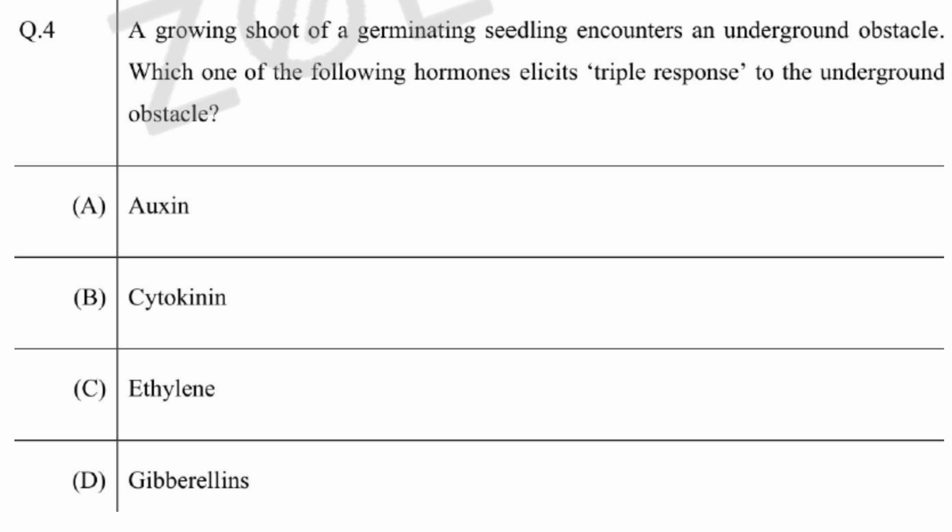And the characteristic of triple response is inhibited stem elongation, thickened stem diameter and bending of the stem. So the hormone that is involved in triple response is C, that is ethylene. Auxin promotes cell elongation, cytokinin regulates cell division and differentiation, and gibberellin promotes stem elongation and seed germination. So here it is triple response they have asked, it is ethylene.